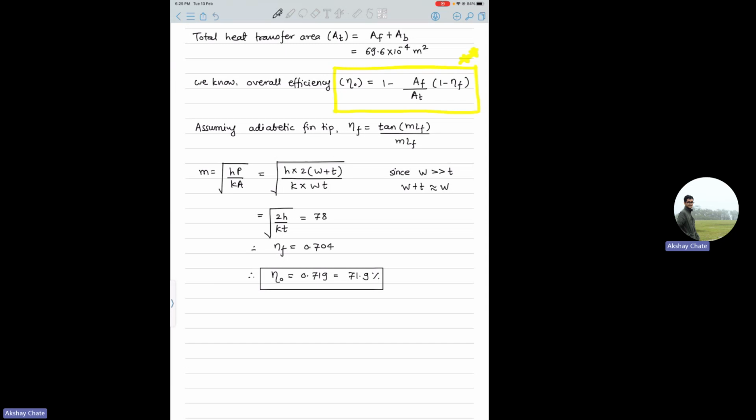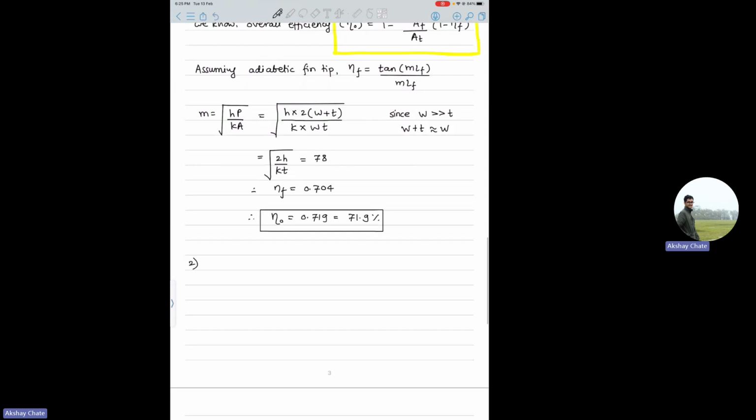Now the second part of the question, which is what is the value of maximum power that can be transmitted through base plate.